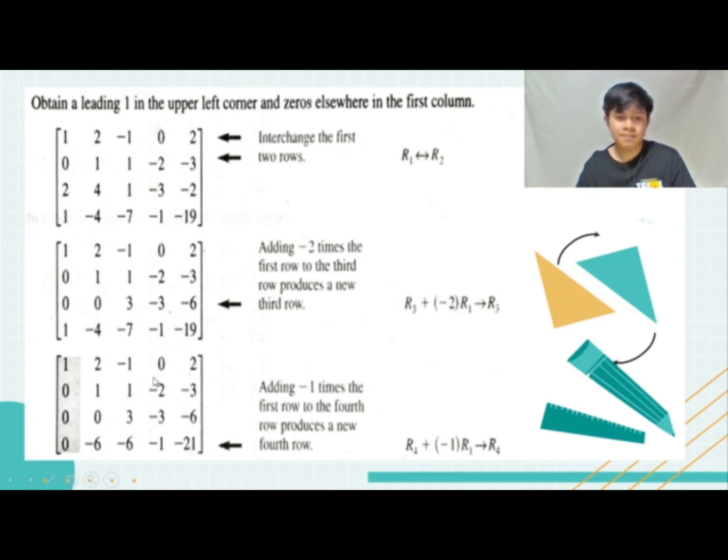So, another step that we are going to do is adding negative 1 times the first row to the fourth row produce a new fourth row. So, ang step po natin ay same procedure. But, ito kasi ay nasa third row, tayo naman ay dito na tayo sa 4th row.